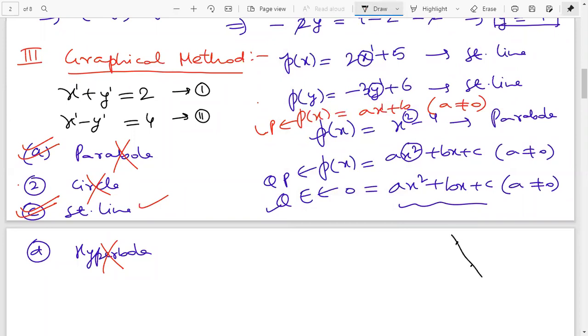If you know 2 points, you can join them and the straight line will pass through them. So we just need to plot 2 points on the graph, on the xy axes, and then join them to get a straight line. That property we know.